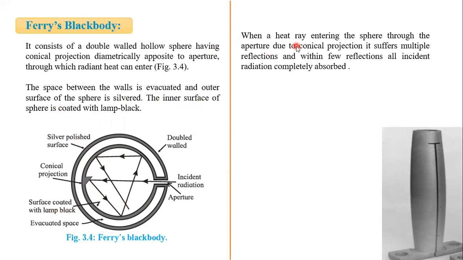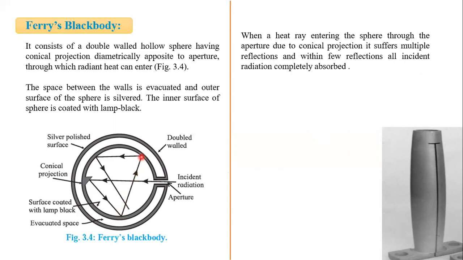Now, when heat radiation enters the sphere through the aperture, due to this conical projection, it suffers multiple reflections. You can see one reflection here, second reflection here. In every reflection, near about 97 to 98% heat radiation is absorbed. Means here 98% heat radiation absorbed, 2% reflected.